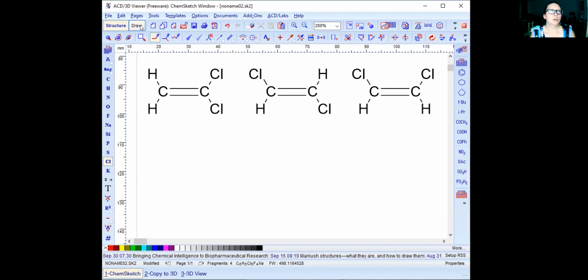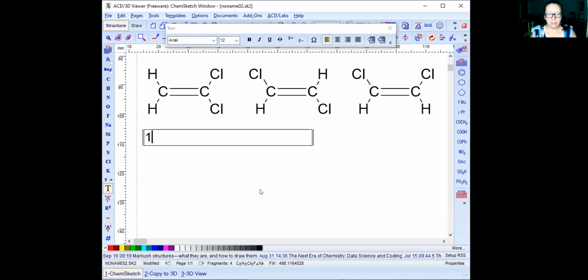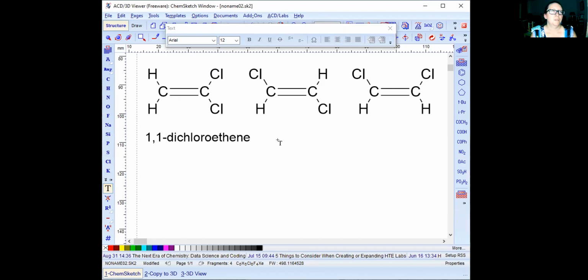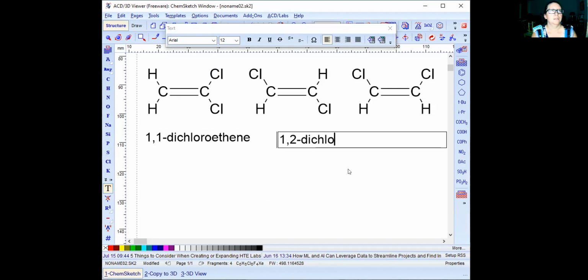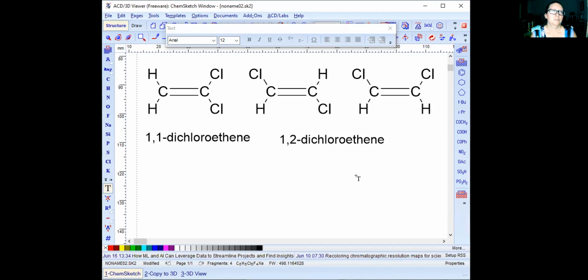And your lab manual talks about this. These have different names. You're not going to need to know these names. So the names would be something like this. And these numbers refer to which carbon the chlorines are bonded to.